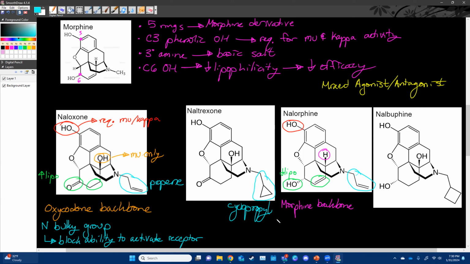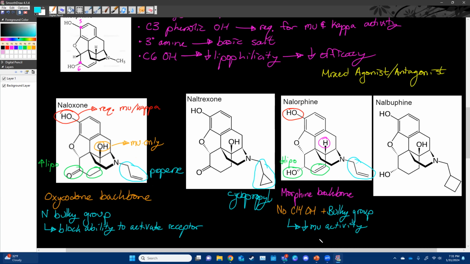So what ends up happening here is that the C14 OH plus a bulky group decreases mu activity, but it doesn't touch kappa.